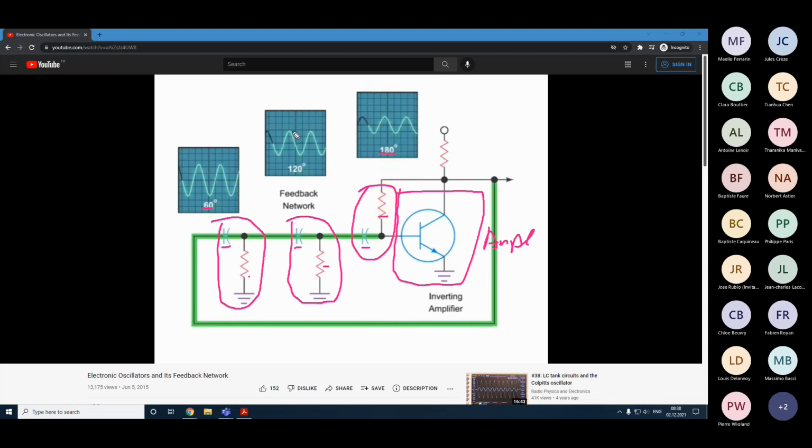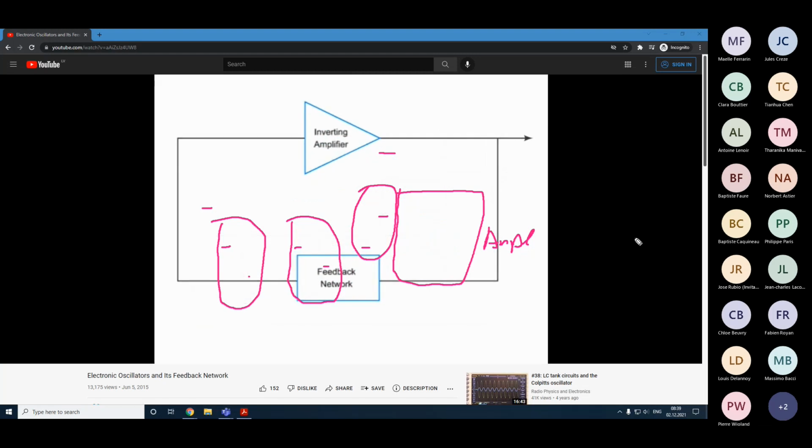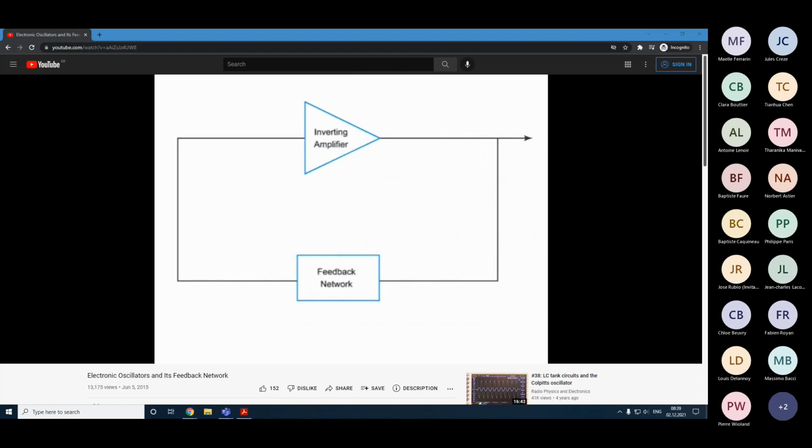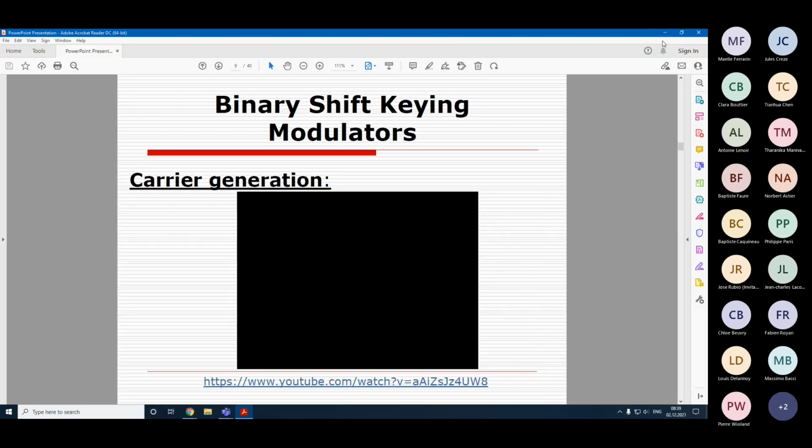We also have amplitude loss for each of these small circuits. The amplifier again amplifies everything and inverts it, which goes all over again, and the cycle repeats itself. So that's how this harmonic signal generator actually works, which is an essential part because this is a carrier signal which we really need to transmit data.